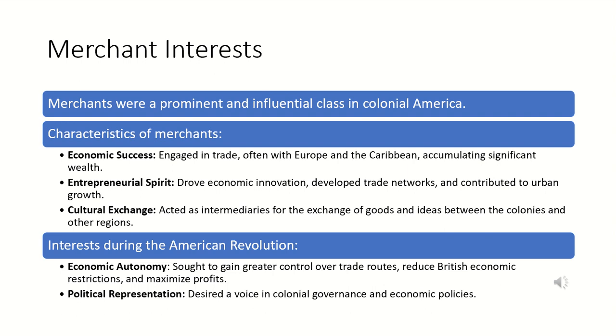Navigating a delicate balancing act, merchants had to reconcile their economic self-interest with their allegiance to the revolutionary cause. Merchants played key roles in financing and supplying the revolutionary effort, making their interests and actions crucial to the outcome of the American Revolution.